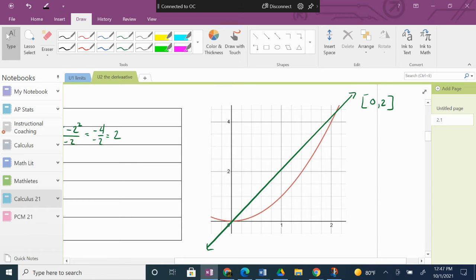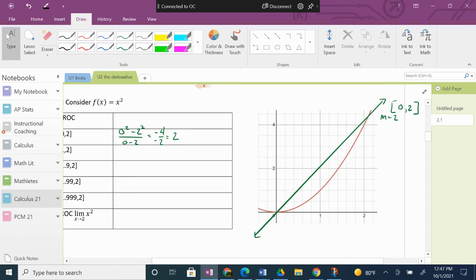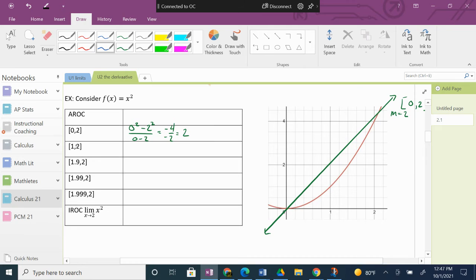Average rate of change from 0 to 2 is that slope, 2. Now, changing up the interval to get closer to an instant, I'm now going to look at the interval from 1 to 2.